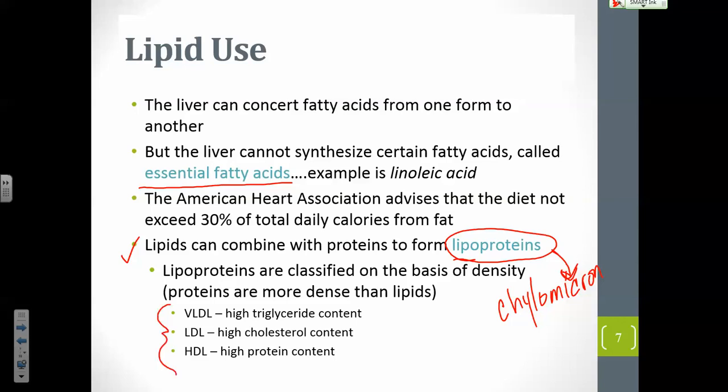Okay, VLDL, that stands for very low density lipoprotein. And then LDL stands for low density lipoprotein, and HDL stands for high density lipoprotein. And so what that has to do with these densities, if you think about a lipoprotein being lipids and proteins, okay, they have different densities.